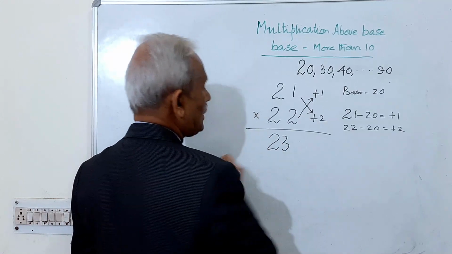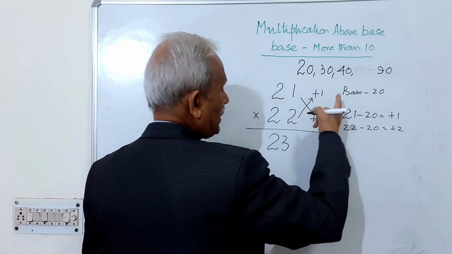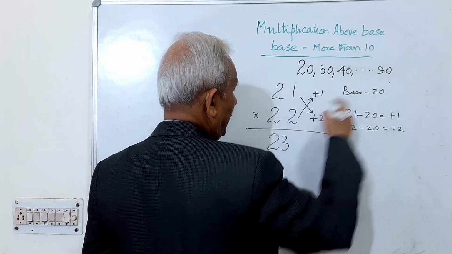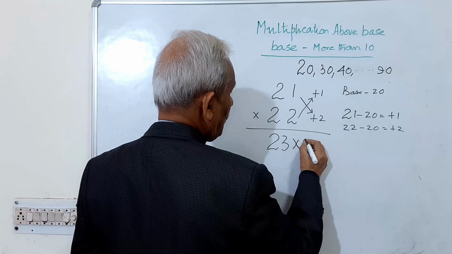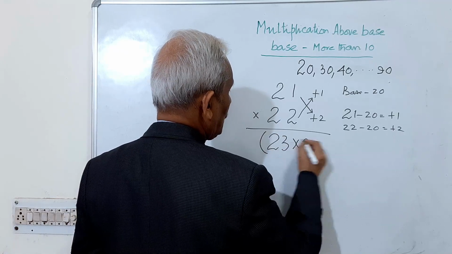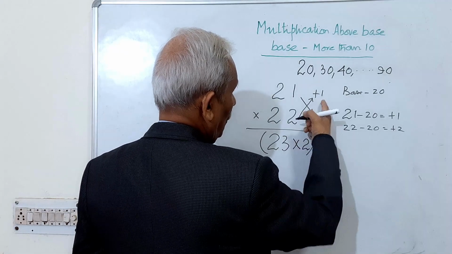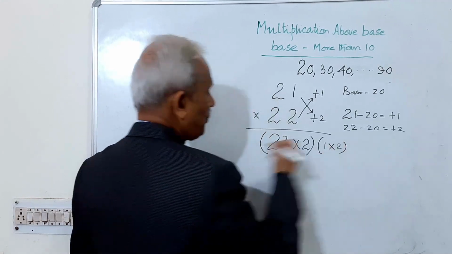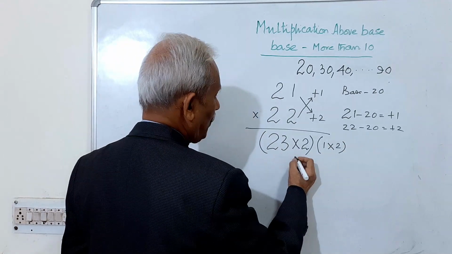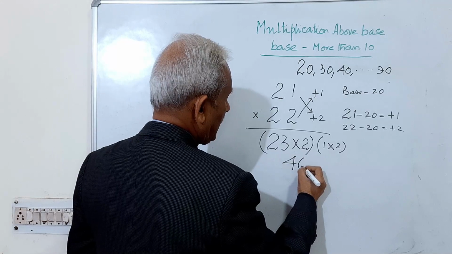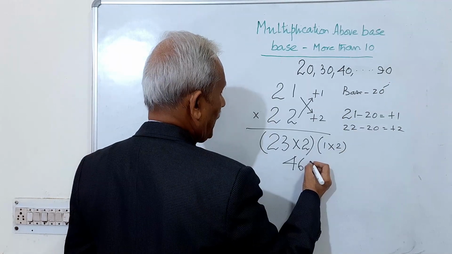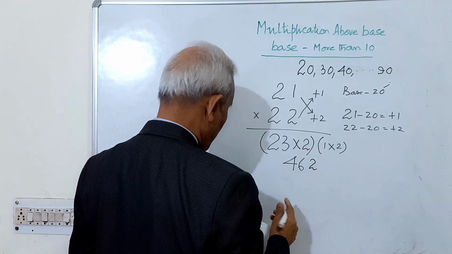Now multiply this 23 with, since our base is now 20, the second multiple of 10, so multiply this with 2. 23 into 2, and then 1 into 2 is the second part of the answer. So the first part of the answer is 23 into 2, which is 46, and the second part of the answer is 2. In the base there is 1 zero, so we write here 2. The answer is 462.